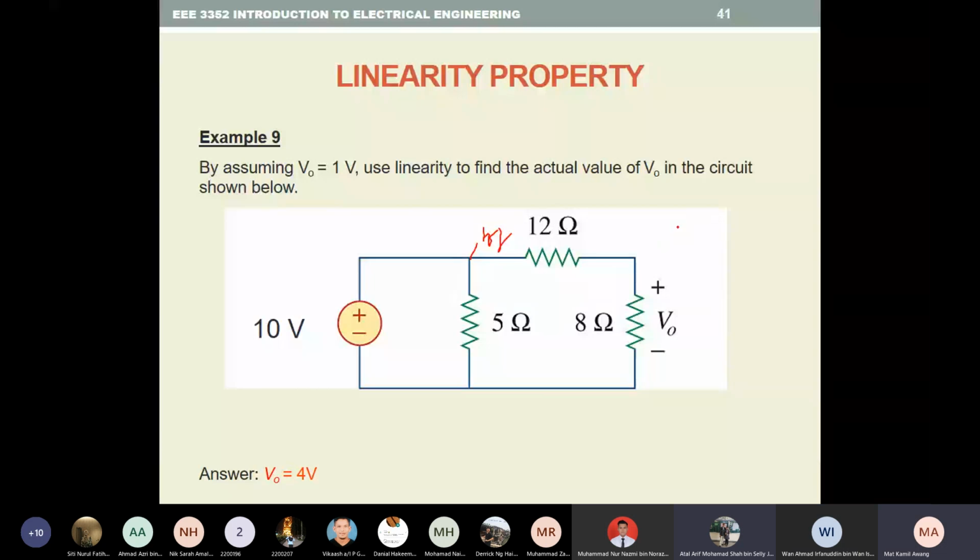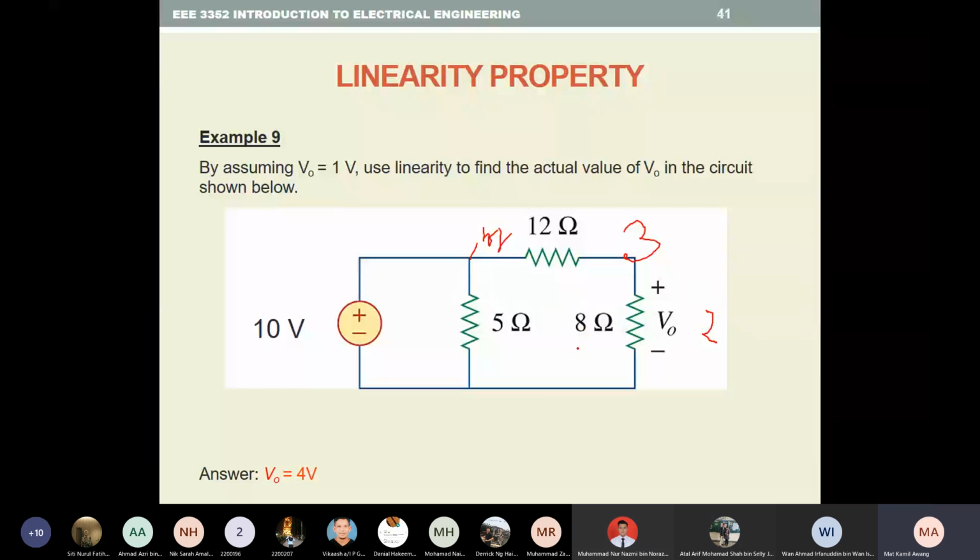So if it's 2 here, it is 3 there, right? Yes, sir.